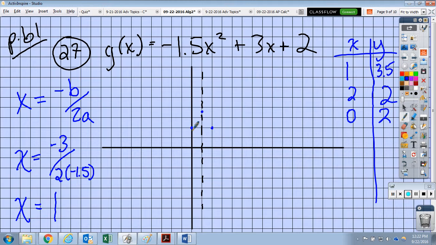Right? And then now let's look at just to the right of those points. For 3, let's see. 9 times negative 1.5. This is where it's probably safer to use a calculator.